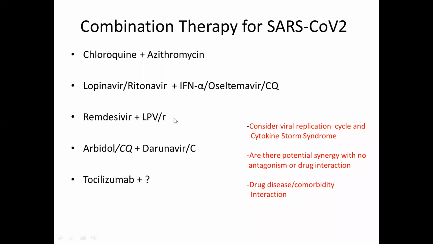And again, used in early phase, we must consider if there's potential cytokine storm, then obviously we are thinking maybe we need to use a drug that has anti-inflammatory property like tocilizumab or probably steroids. And basically, combination therapy has been tried. As we know, highly active antiretroviral therapy in HIV demonstrated that combinations work with synergy.